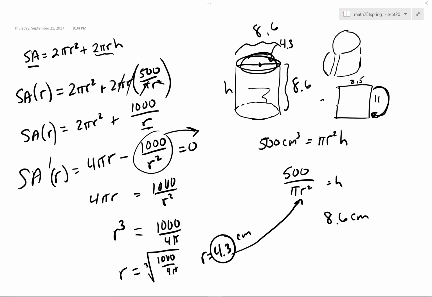Okay? Now, you can get crazy with this thing. What if I told you that the bottoms of this cylinder, same problem, exactly the same problem, what if I told you that the bottoms and tops need to be made out of something that's more expensive?